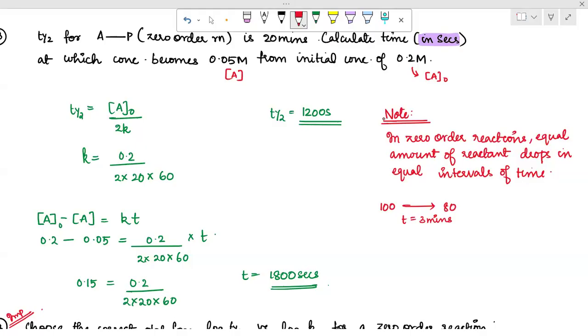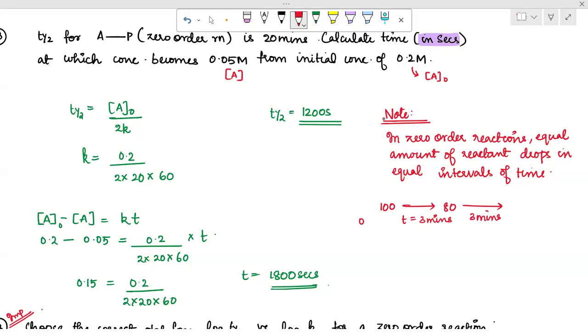That means there is a drop of 20 units after 3 minutes initially, and this drop will be consistent. Same amount, for example, after 3 minutes again, that is now a total of 6 minutes.